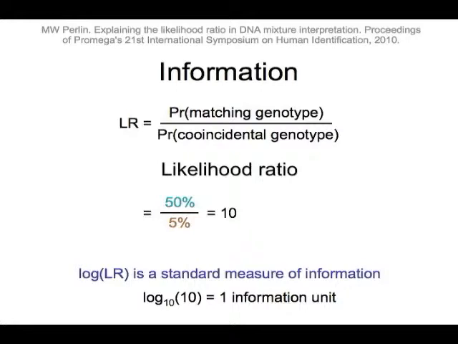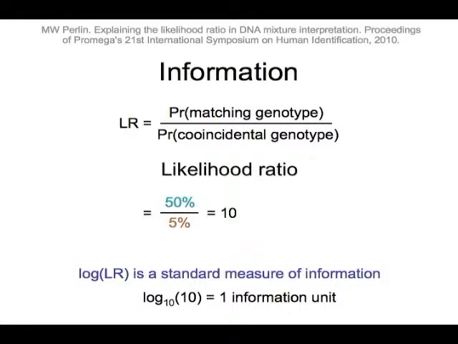And so if we take that 50% probability of a matching genotype and divide at this locus the 5% probability of a coincidence, we obtain the ratio 50 over 5, or 10, and that is the paternity, the match statistic, the likelihood ratio at this locus. Now, fortunately for forensic science, the log of the likelihood ratio, the orders of magnitude or powers of 10, is a standard measure of information in most fields that measure information, having nothing to do with forensic science.